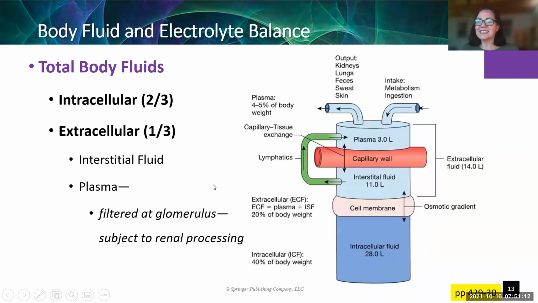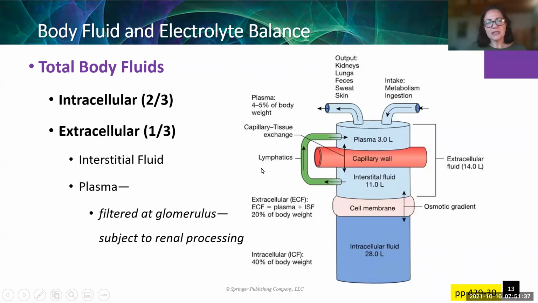All right, this is a diagram from our textbook. I know it's kind of busy. It tries to break down the total body fluids. Turns out the vast majority of the fluid in our body is actually tied up inside the cells. So it's intracellular. That's represented down here. It's this big component.